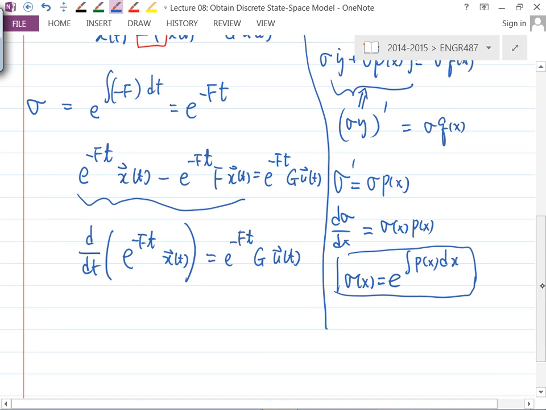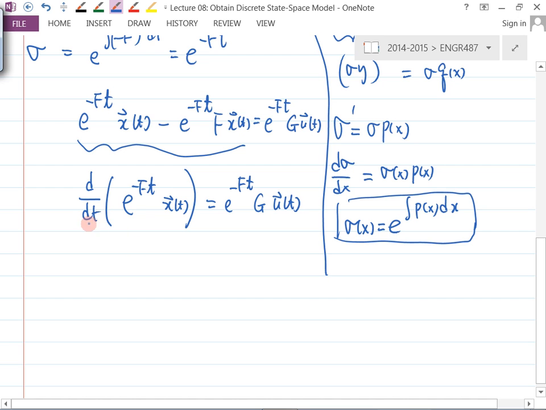Okay, we're almost there. The idea is to solve this differential equation, in other words, to solve for x of t. So you can multiply the dt to this side, and basically you end up with a d bracket.